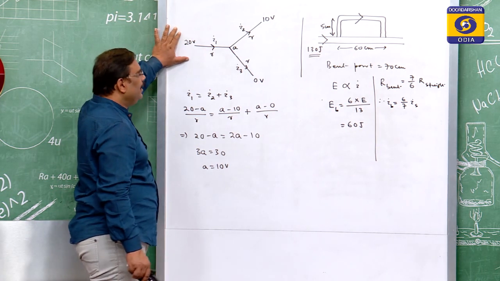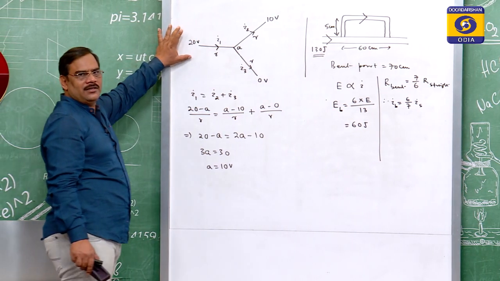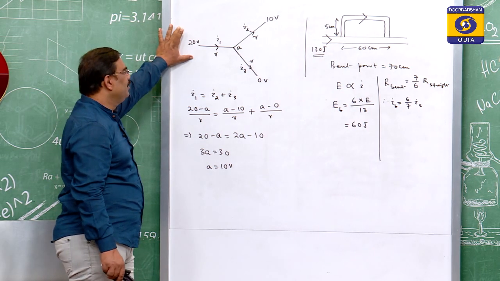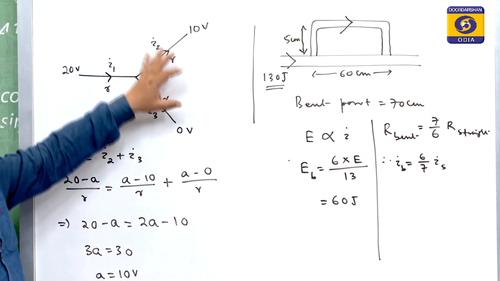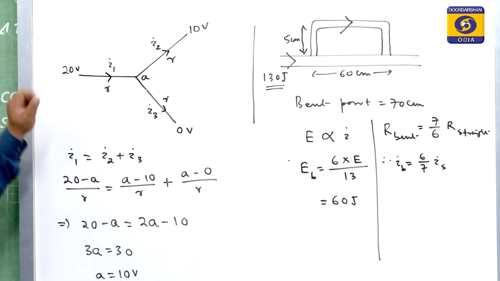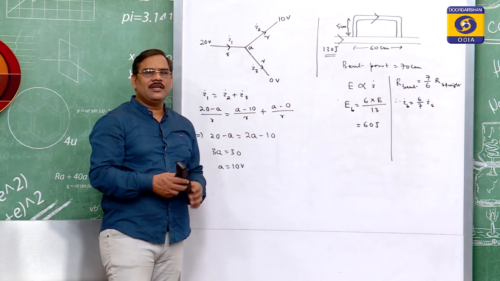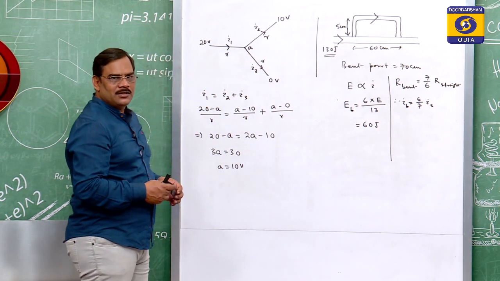Similarly, at any junction in any network, we can calculate the potential of the junction or current through any part of the network by using Kirchhoff's first law. Now, let us discuss Kirchhoff's second law.